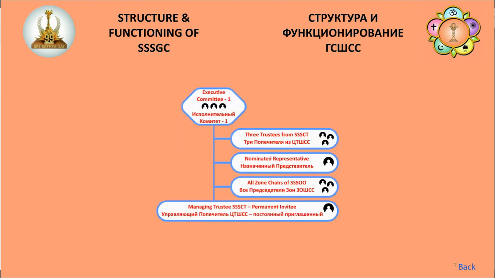Basically, this covers everything. Actually, in other slides we have segregated each committee, executive committee 1 separately and executive committee 2 separately. That's the reason you have this slide, executive committee 1 with the same members.